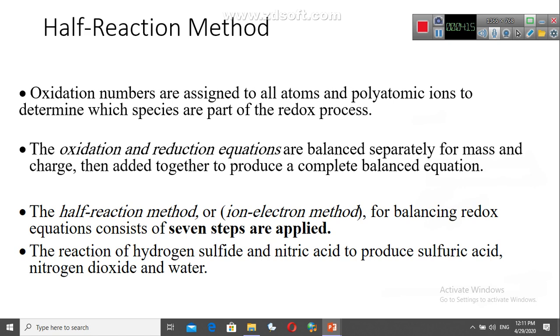The products are sulfuric acid, nitrogen dioxide and water. Now we apply these 7 steps to this equation.